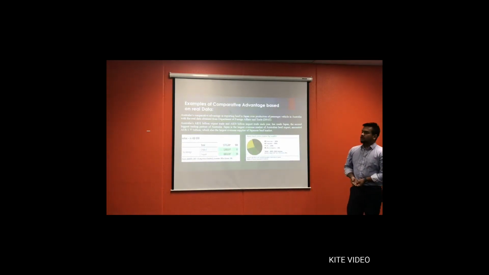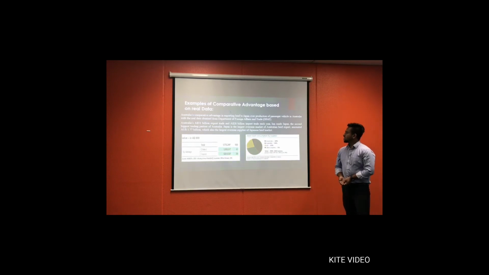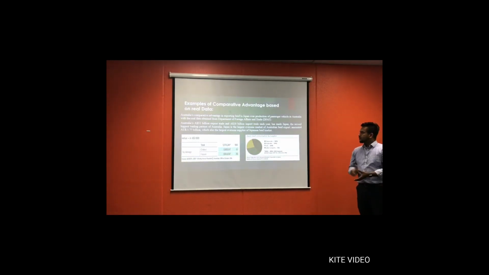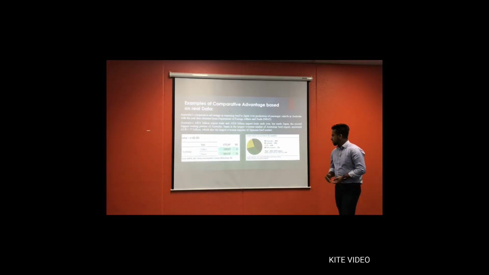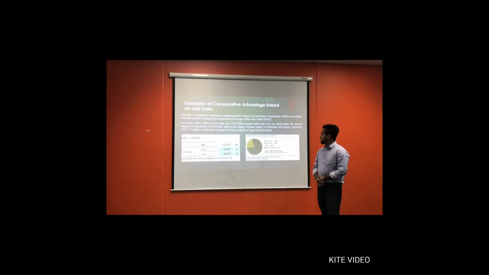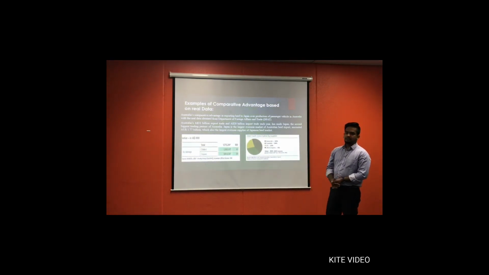Australia's $51 billion worth of export trade and $20 billion of import trade each year make Japan the second biggest trading partner of Australia. From the data provided by the Agricultural and Livestock Industries Corporation of Japan, we can see that Australia provides about 34% of Japanese beef consumption.